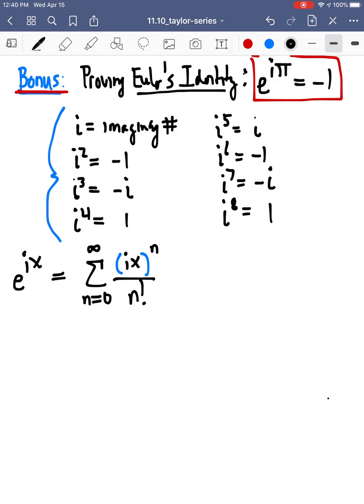All right, so let's check it out. If we just start computing terms of this series, when n equals 0, we have a quantity raised to the 0th power, which is a 1, divided by 0 factorial. The first term of that series is a 1. The next term of the series is i times x. The next term is a quantity ix squared all over 2 factorial.